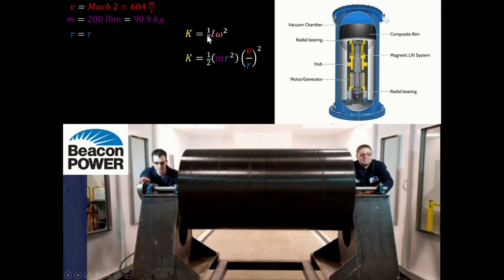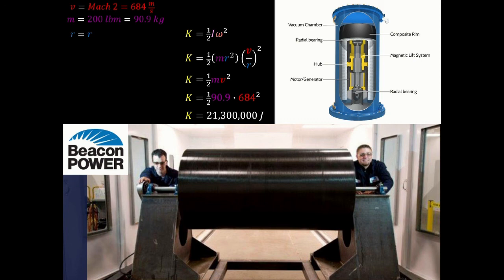This 1/2 was already there just because of the equation. So the radius gets squared and that gets squared, so the radius is going to cancel out there, which just turns out to be kinetic energy. So if I plug in the mass and how fast it's going, we get about 21,300,000 joules of energy that can be stored in this spinning ring.